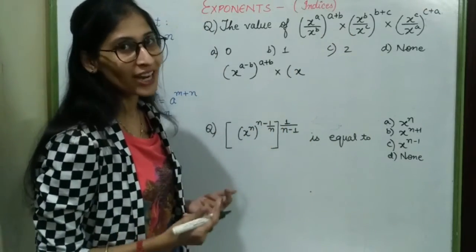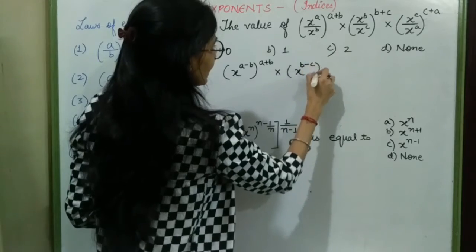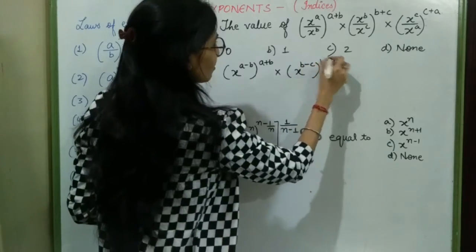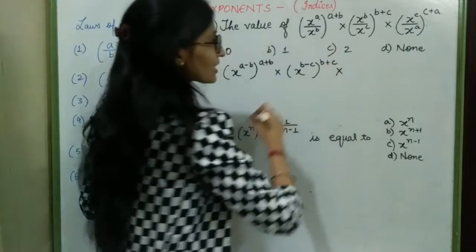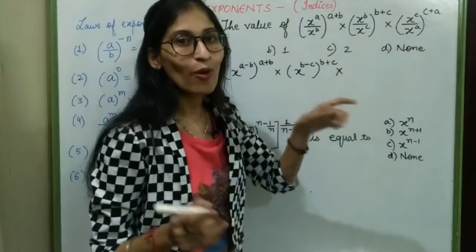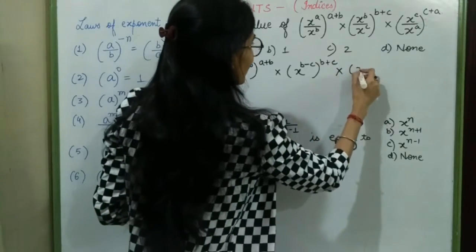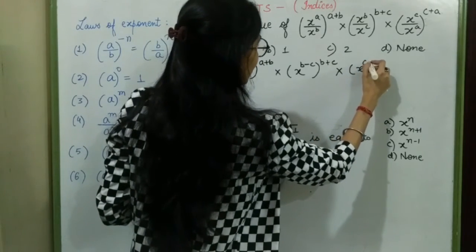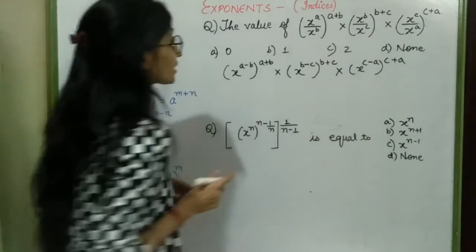I am going to subtract the powers. x raised to power b minus c, raised to power b plus c. For the third case, do the same operation. Division and the base is same. So we are going to subtract the powers. x raised to power c minus a, outer power is c plus a.